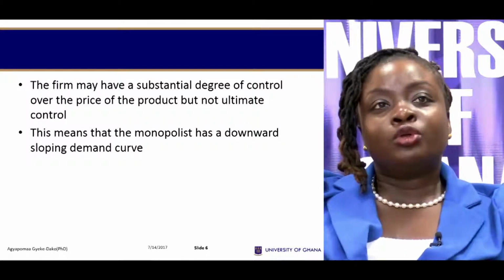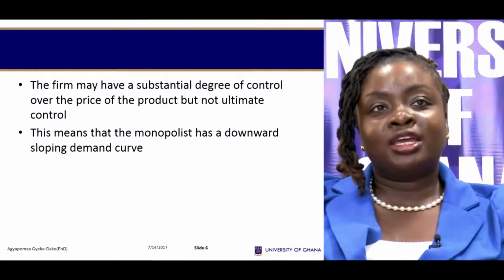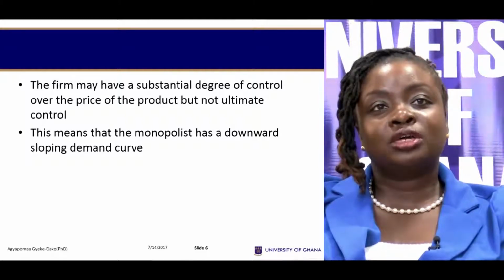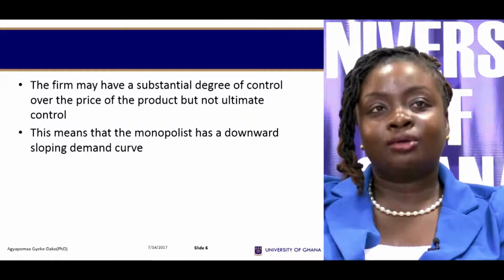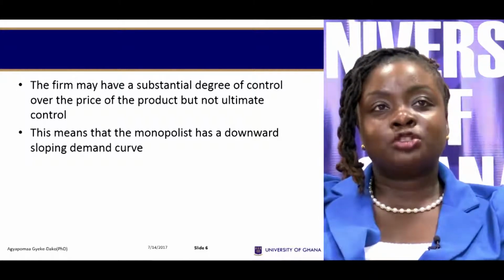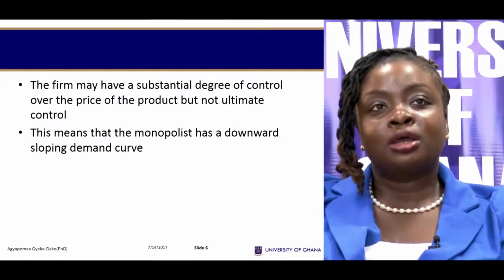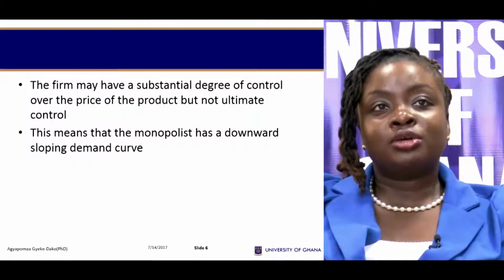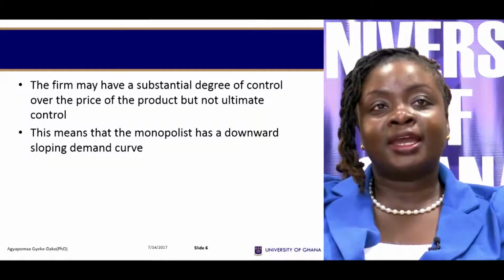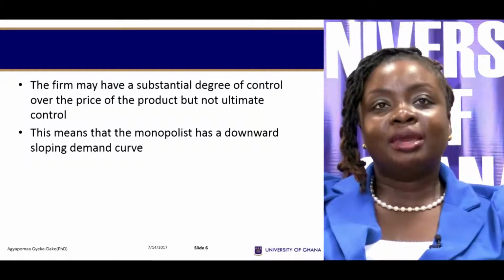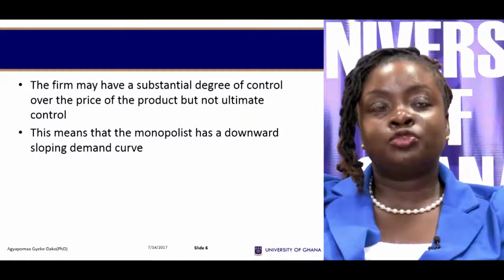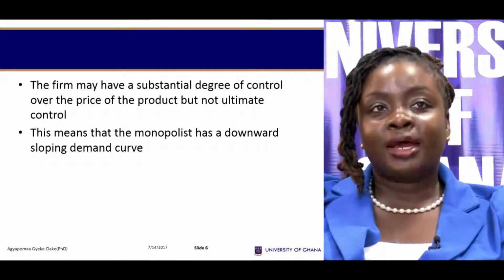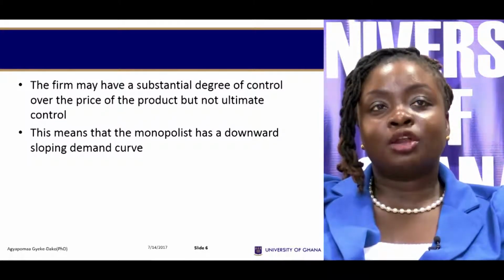Just because you are the only producer in the industry doesn't mean that you can increase your price anyhow. You can increase your price, but consumers are going to be determining how much they want to buy at any point in time. So when you increase your price so much, they would reduce the quantity they are buying. They are going by the law of demand.